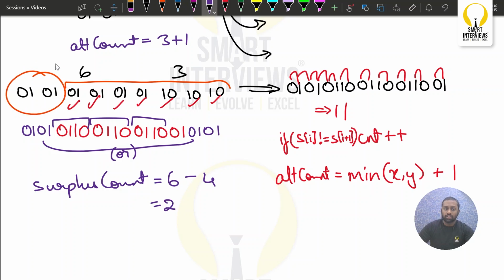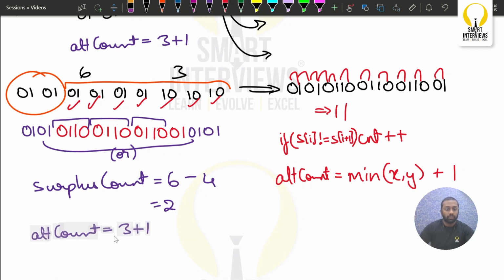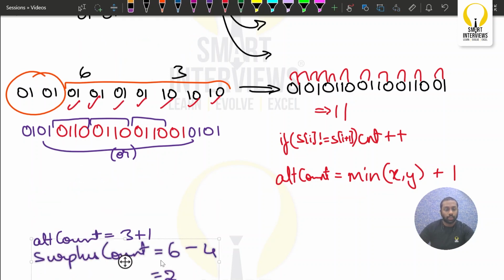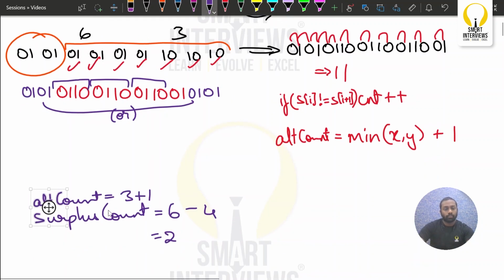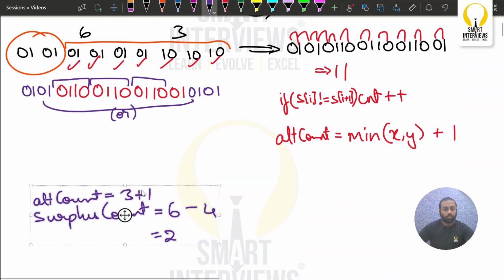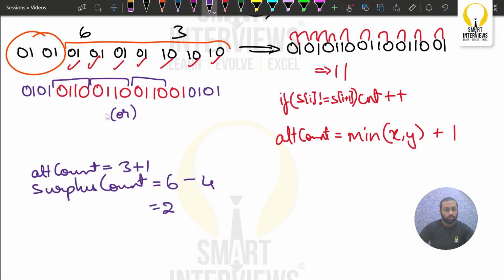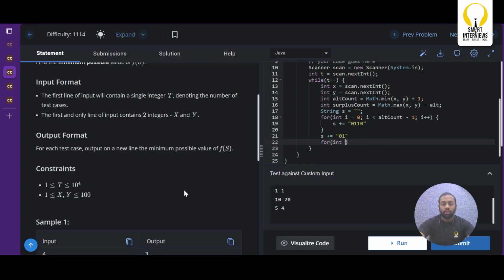It is nothing but 2 pairs, right? So are our formulas correct? Yes, surplus count and alt count formulas are working completely fine. Alt count is 4, surplus count is 2, and based on that we are forming the string.